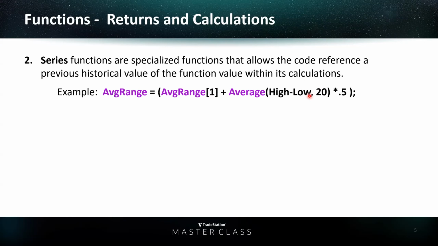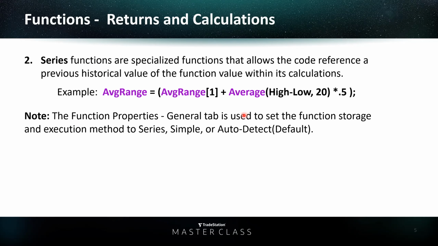So not only are we looking at a simple average calculation, we also have to store the historical values for the function so that we can perform this calculation. As the PowerPoint says, most of our functions are going to be simple functions, but if you need a series function, this would be the way to create it.